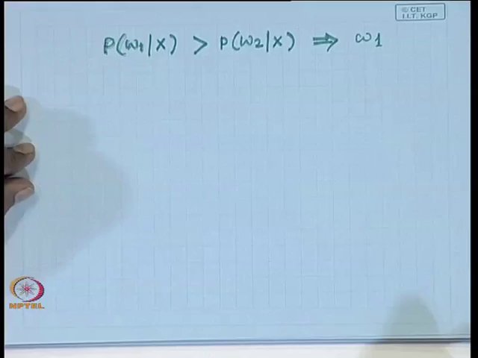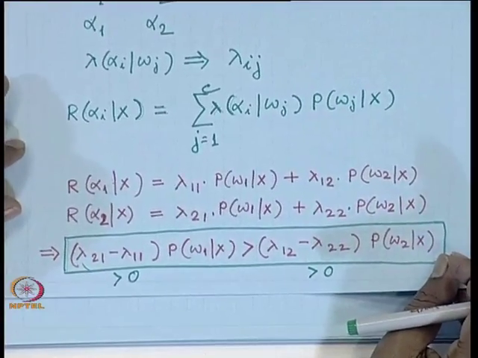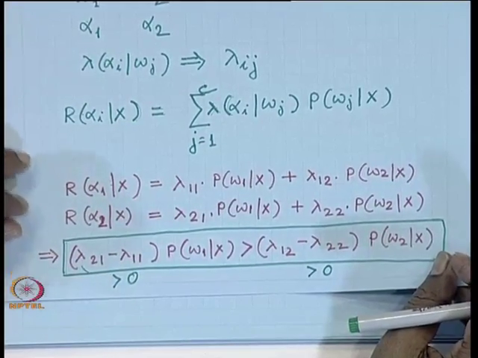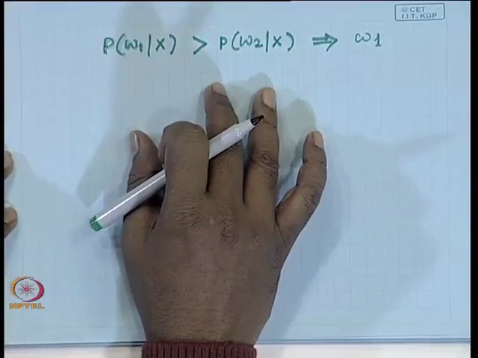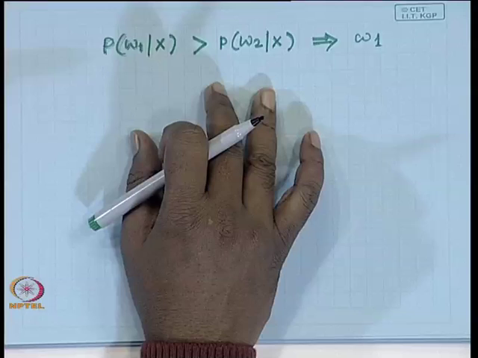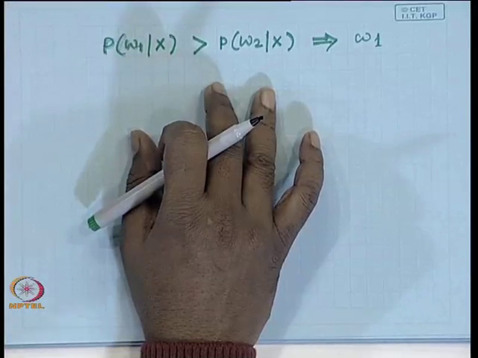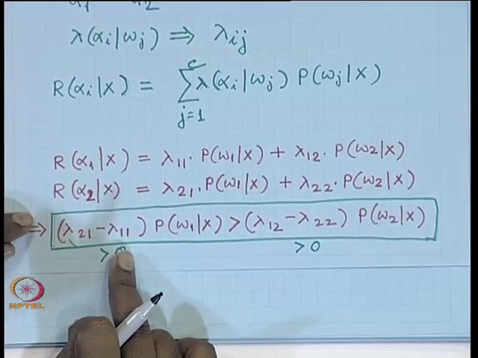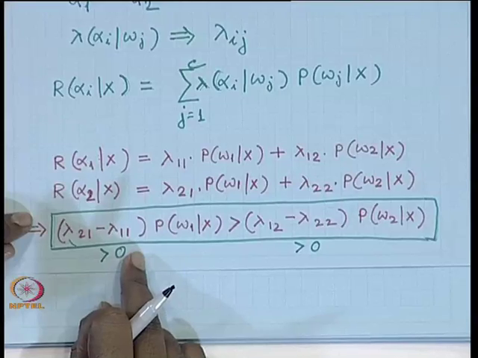Okay. Now, in the generalized case, by incorporating the risk function, that is in the minimum risk classifier, the decision rule that we had taken in the simple Bayes decision has to be weighted by the loss difference, because lambda 2 1 minus lambda 1 1 is nothing but a loss difference for taking a wrong decision and for taking the correct decision.